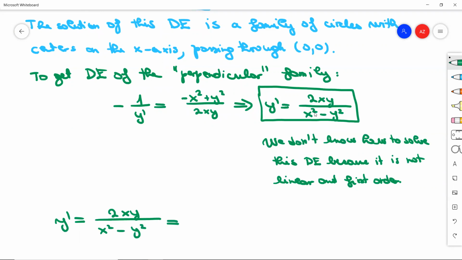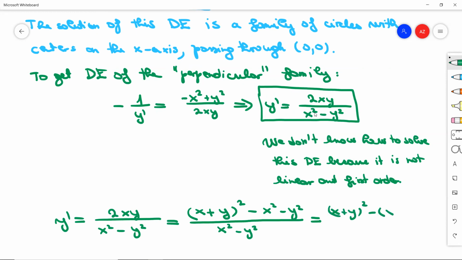In the numerator, we write (x plus y) squared minus x squared minus y squared, and in the denominator, we have x squared minus y squared, which is x minus y times x plus y.